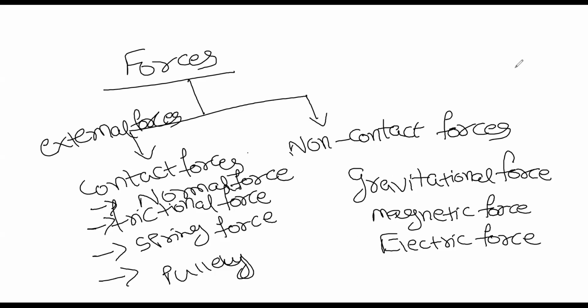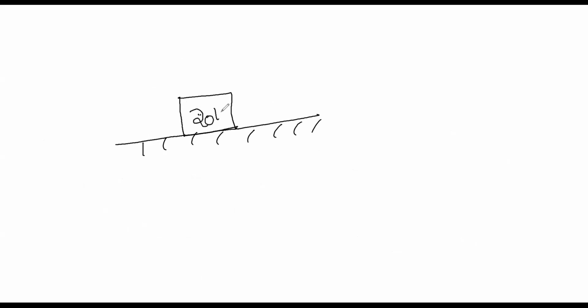Now let's see this. First we have to draw a free body diagram. Free body diagram means you just have to show this body, and we have the weight of the body as 20 kg.